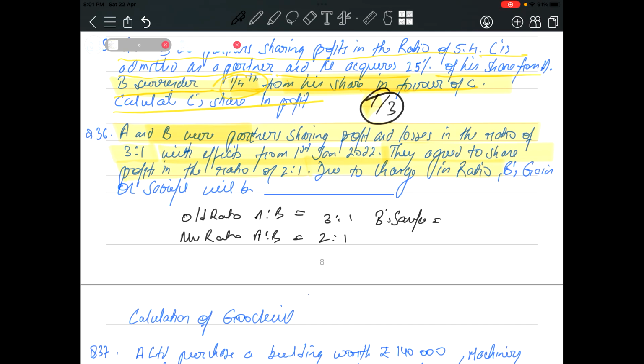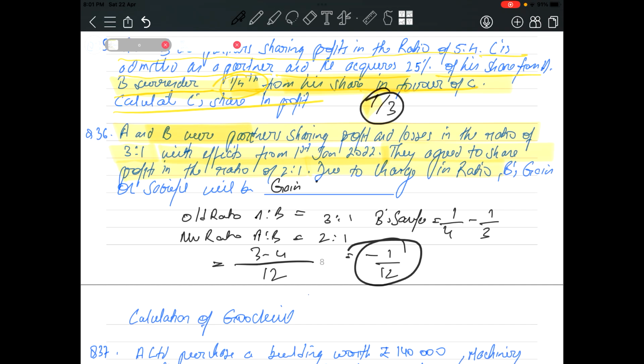Old minus new. B's old share is 1/4 and the new share is 1/3. So over 12, 3 minus 4 will be minus 1/12. It is minus, so basically B is gaining. B is gaining 1/12. So this is our answer: gain 1/12.